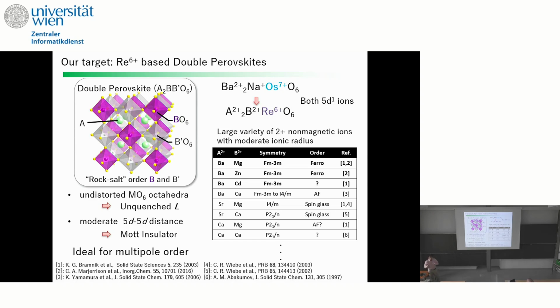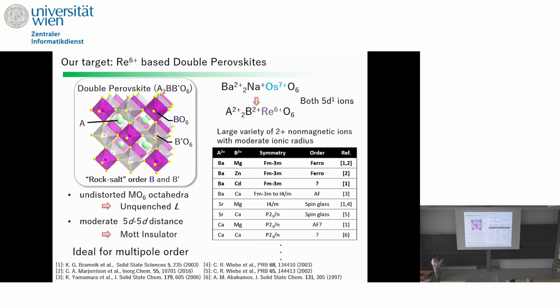Since 5d transition metals have relatively spatially expanded orbitals, if we have a simple perovskite structure, that compound will be just a boring paramagnetic metal.